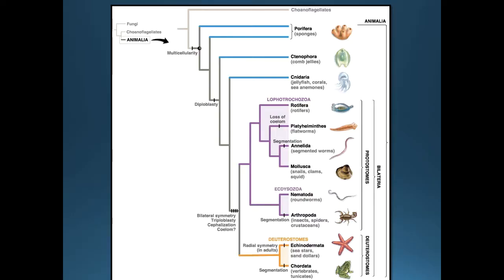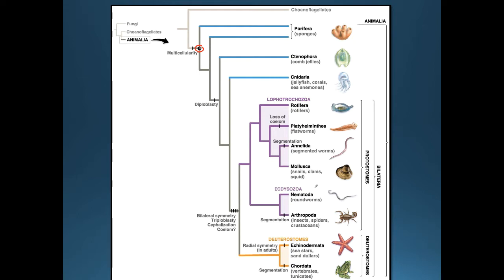Now, the term multicellularity is not new to you. We've mentioned it a few times throughout the semester. And I'm just going to mention a couple things about it here and how it is relevant as we think about the diversification of animals. So if we look at this phylogenetic tree, we can see that at this node here, that gives rise to all of these different groups of animals, the trait that they all have in common is multicellularity.